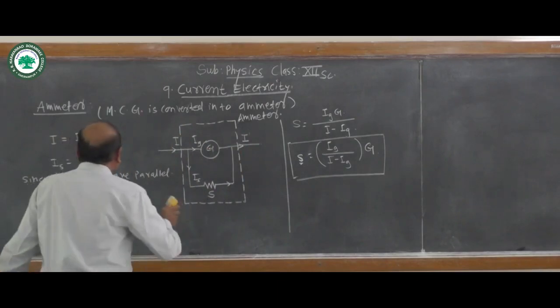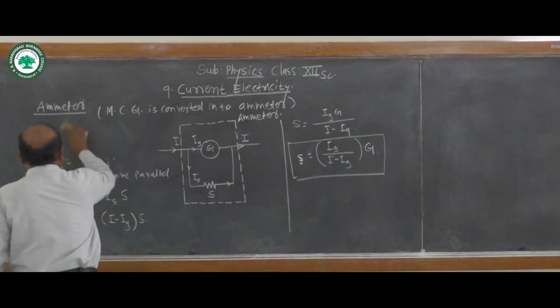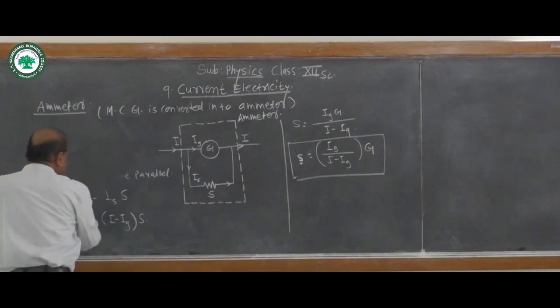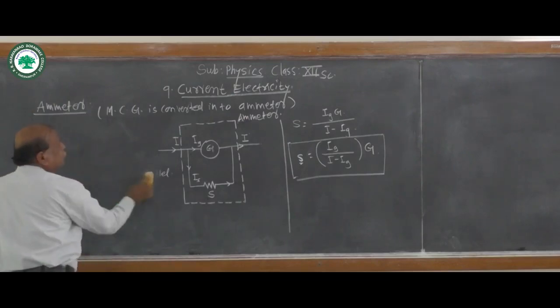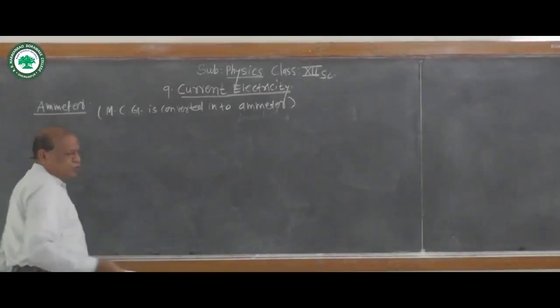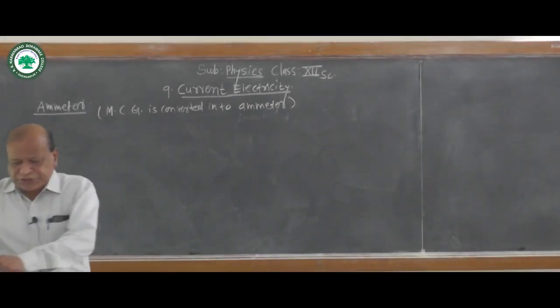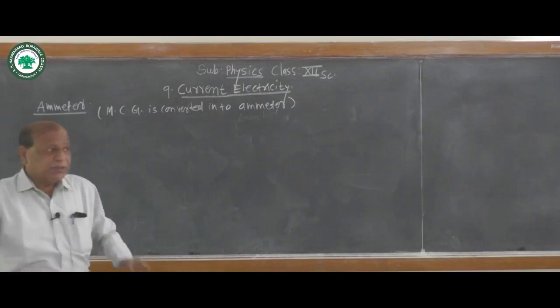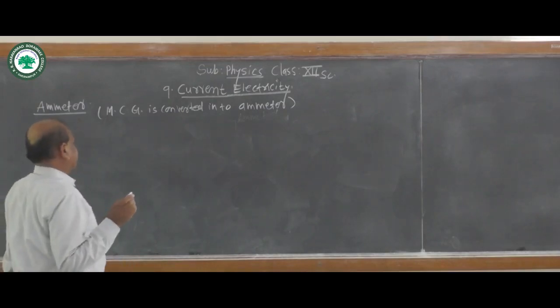And now today we are also going to see the next device, that is the voltmeter. The voltmeter is used to measure the potential across the electrical circuit.